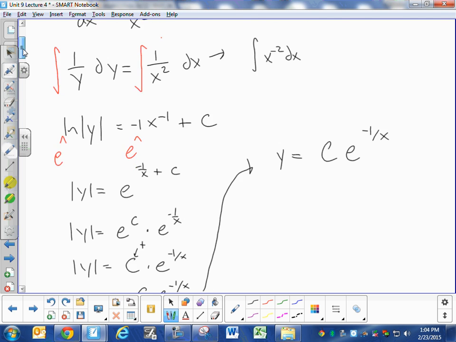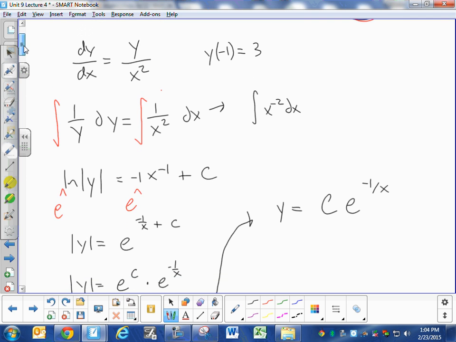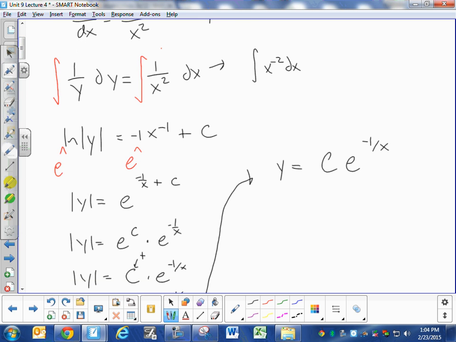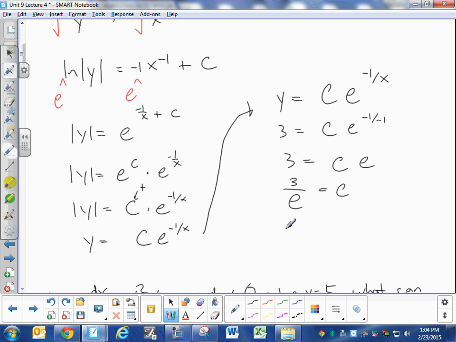I can then plug in my initial condition. y of negative 1 is 3. I get 3 is equal to c times e. c will just be 3 divided by e, giving me my particular solution.